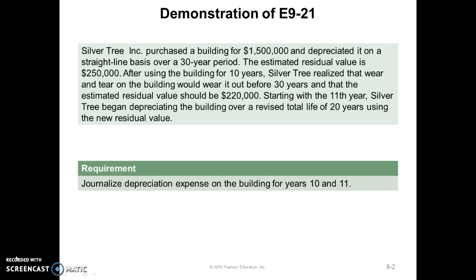Starting with the 11th year, Silvertree began depreciating the building over a revised total life of 20 years using the new residual value. So first we're going to journalize the depreciation expense on the building for years 10 and 11.